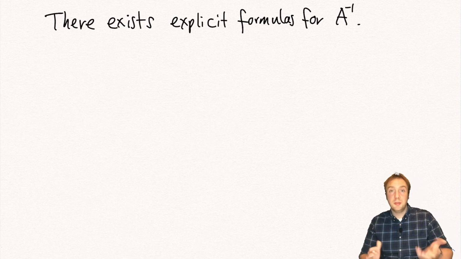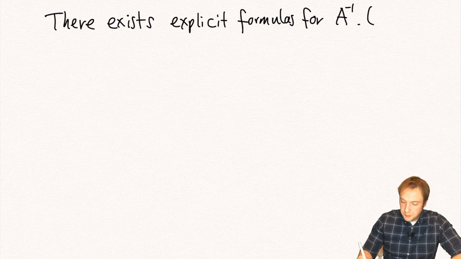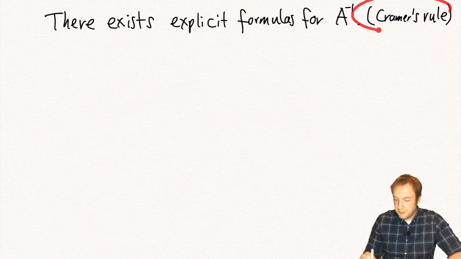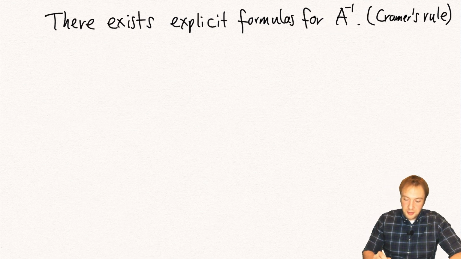So if I give you a 2 by 2 matrix, for example, so first of all, this is called Cramer's rule. So if you look it up on Wikipedia, you can find there's a general formula for an arbitrary n by n matrix.